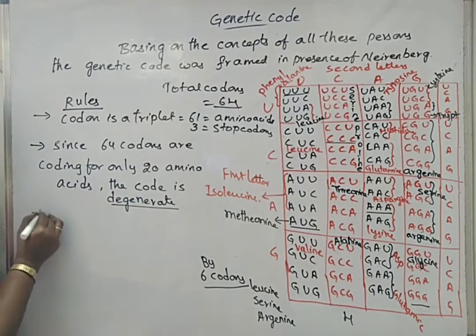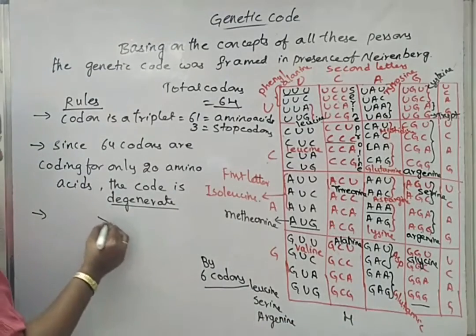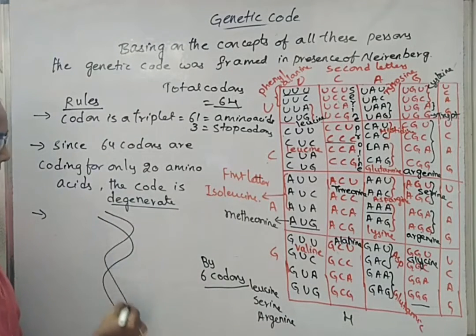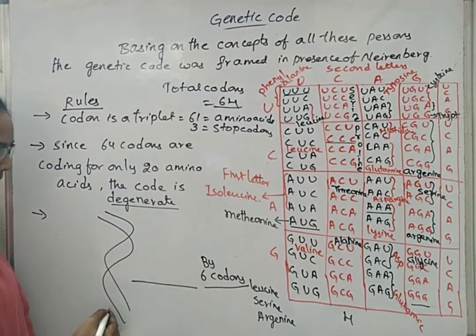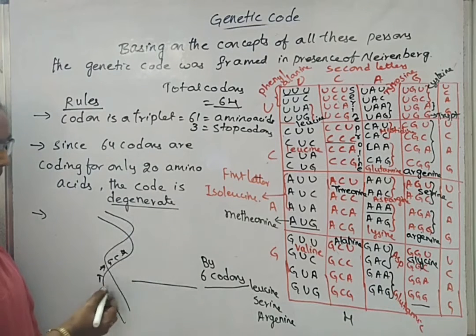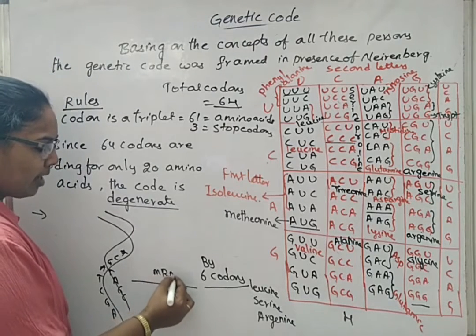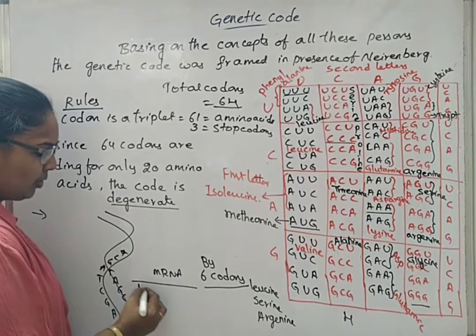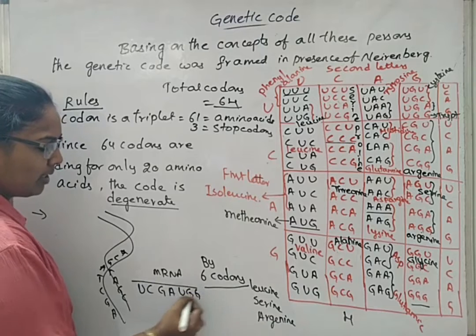Now, the codons, when they are present in genetic material or nucleic acid, for suppose you know that DNA is like this. If the codons on an mRNA are like this, they are arranged in the form of adenine, guanine, cytosine, thymine, adenine, guanine, cytosine, thymine, like this in sequence. Their complement will be thymine, adenine, guanine, cytosine on the other strand. In case of mRNA, how are they arranged? Uracil, cytosine, guanine, adenine, uracil, cytosine, guanine, and so on.